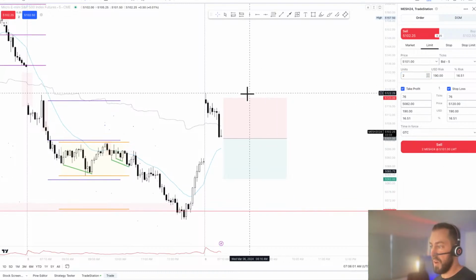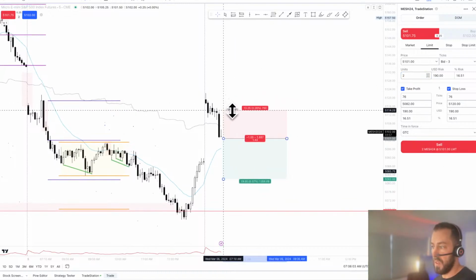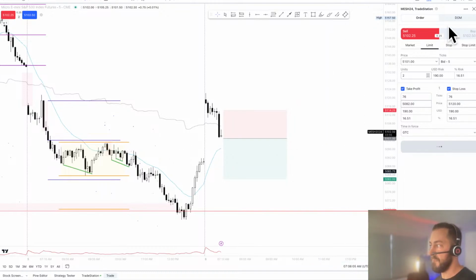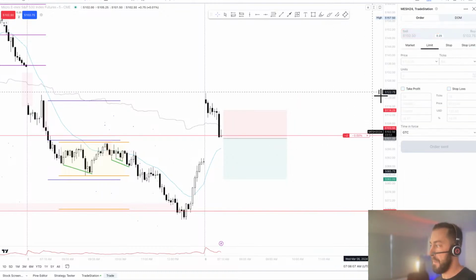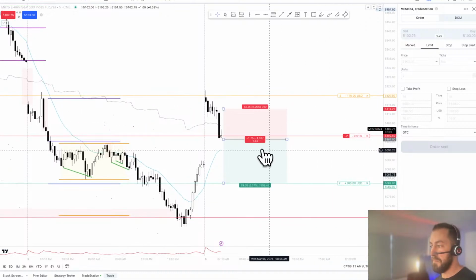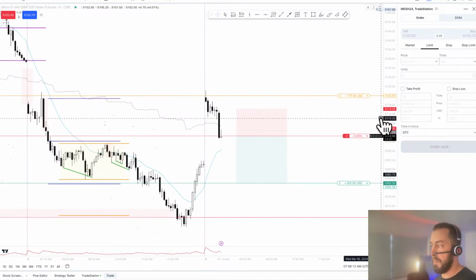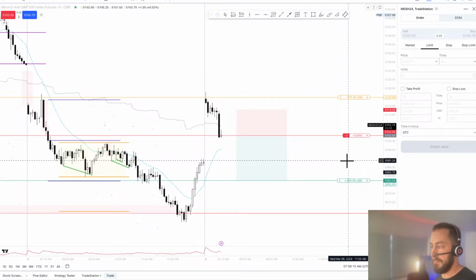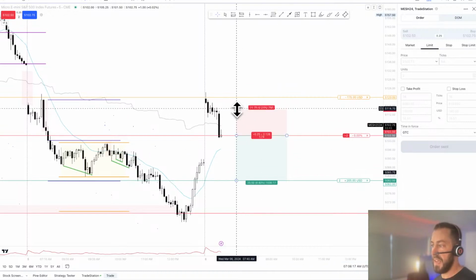So I may take this short right here, and I may not. But let's see. Yeah, okay, so we're gonna put that order in. Bear's hesitating.